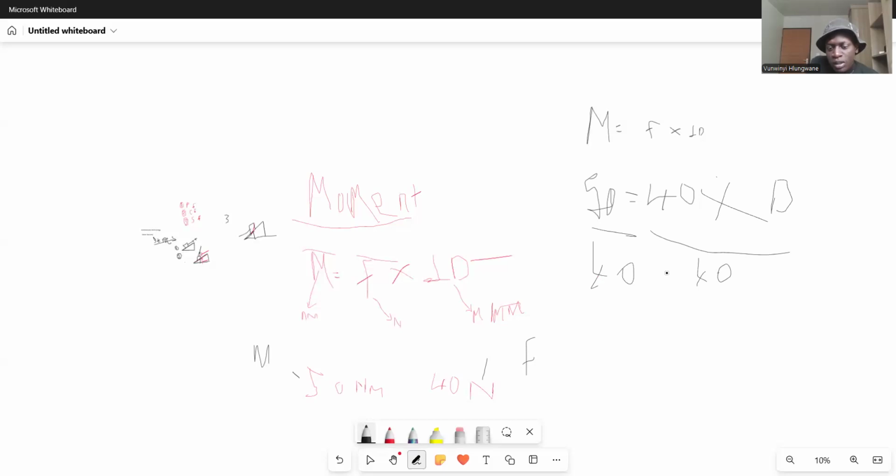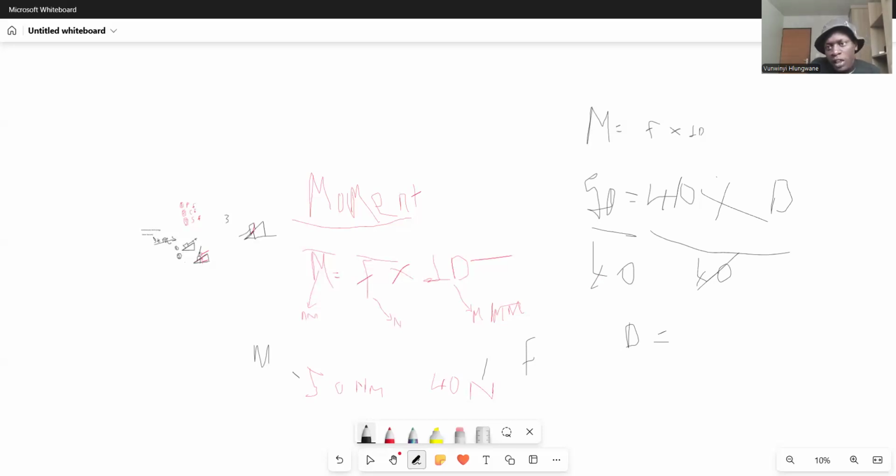That means on this side only D will be left, because the 40s will cancel. D will be equal to 50 divided by 40. Then you use a calculator. You say 50 divided by 40.